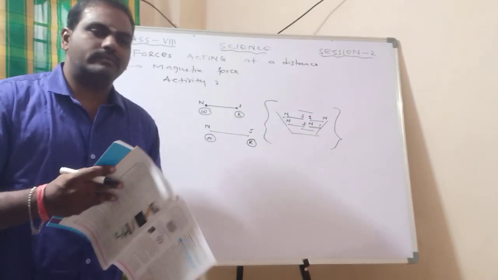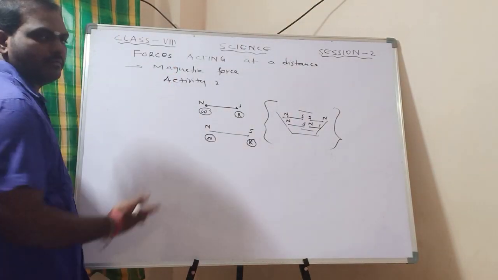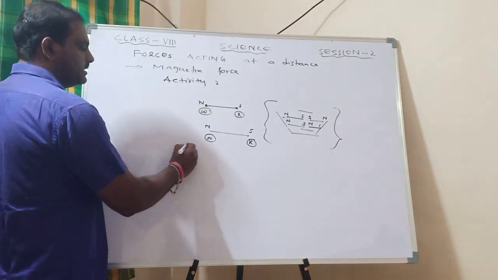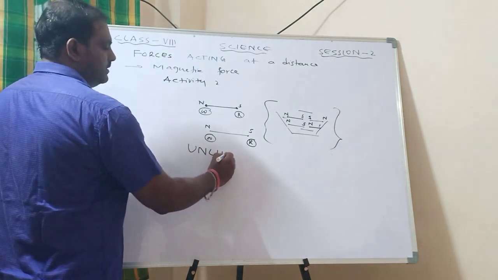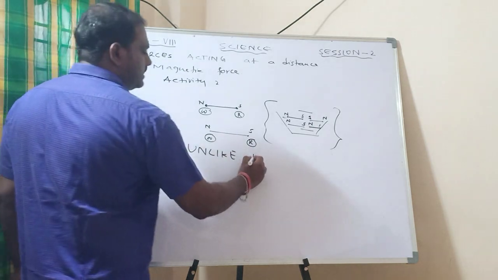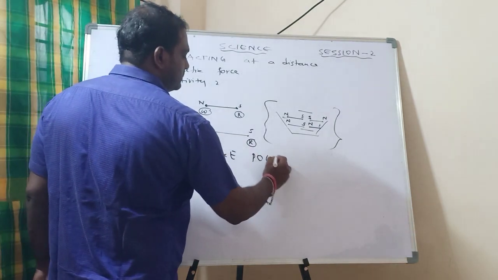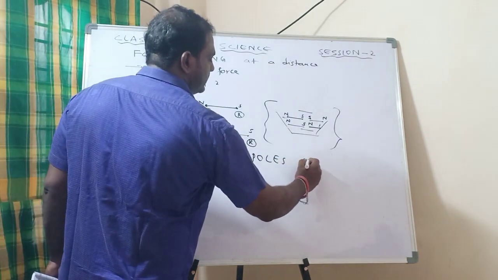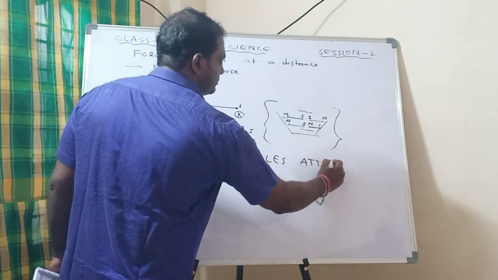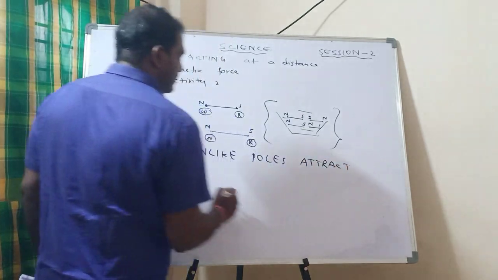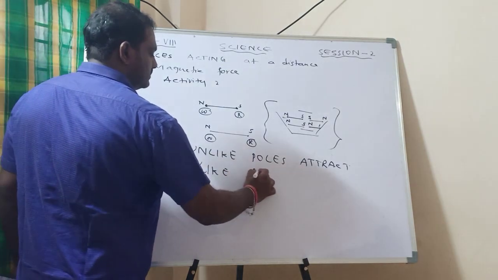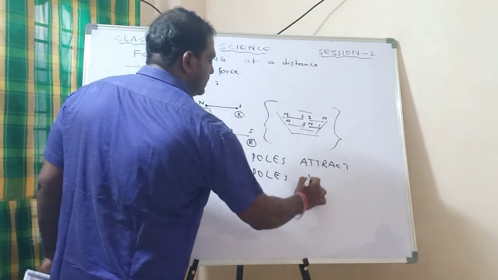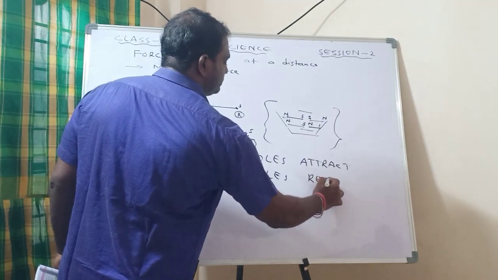What we have to understand from this activity is that unlike poles attract each other, and like poles repel each other.